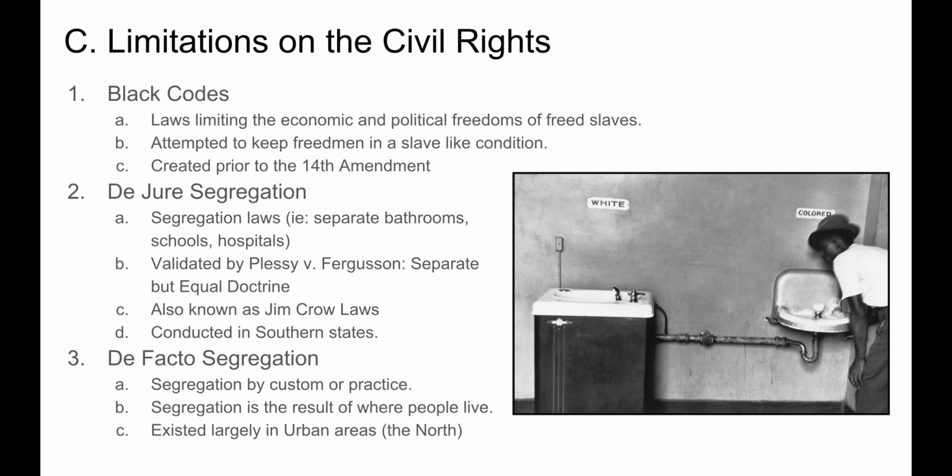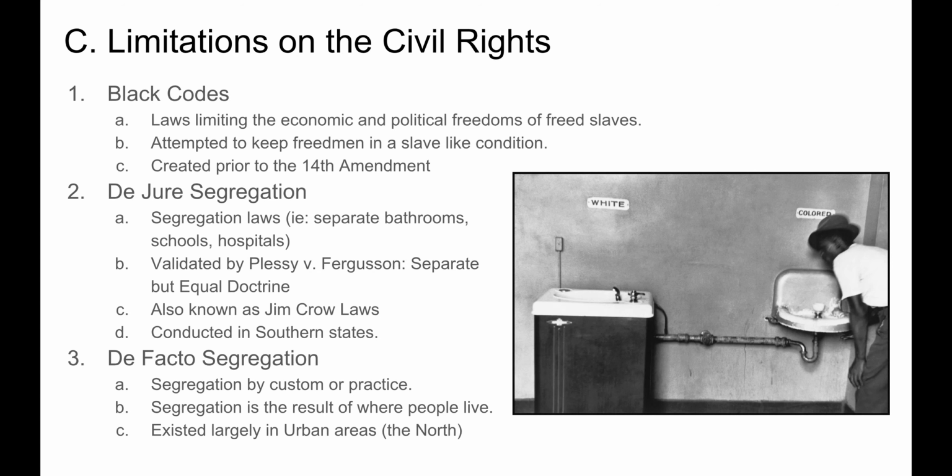Now, right after the Civil War, Southern communities began passing what became known as black codes. And these were just laws that limited the economic and political freedoms of freed slaves, restricted where you could move around, what kind of jobs you could get, where you could live, banned the right to own a weapon. Essentially, what they were trying to do is create these laws that put freed slaves into this box that simulated slavery.